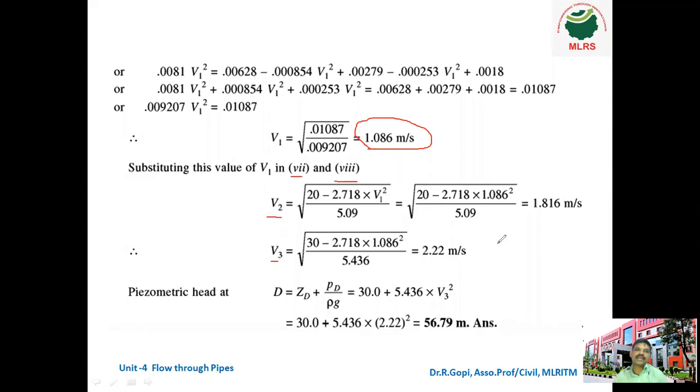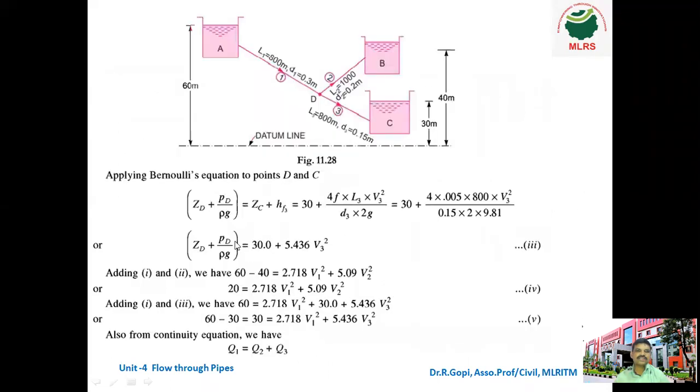In the same way, we can calculate Q1, Q2, Q3, the discharge, if they ask in the question. In this question, they didn't ask discharge. What they asked is piezometric head. Once you found V1, V2, V3, we can substitute any one in this.